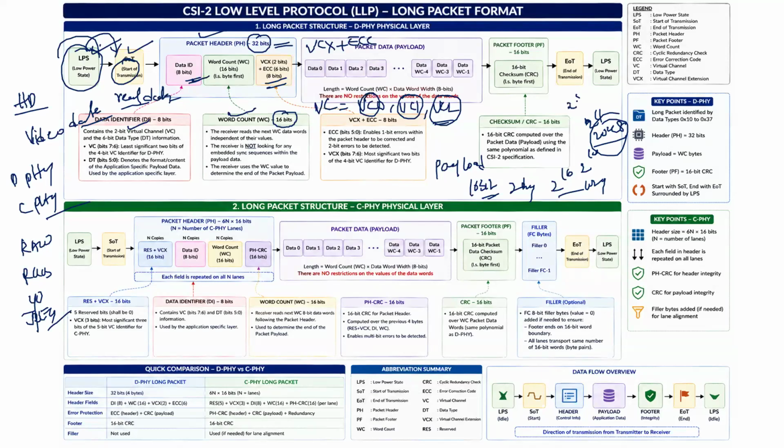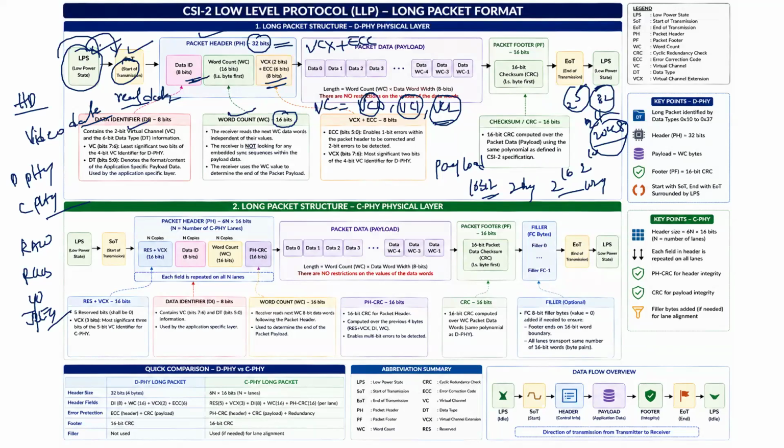What is the value? 2 power 5 means 32. So that means 32 into 1024, 2048 data we are transferring. Okay, that is the word count.